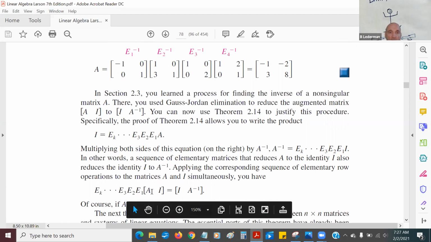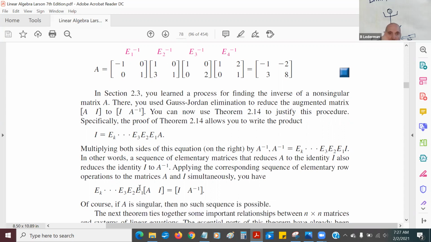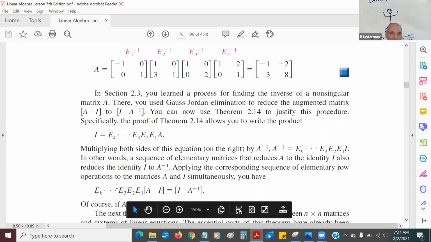get, here's A, here's I, multiplied by all these different things. It's almost like you're distributing. I'm multiplying by the A and then I'm multiplying by the I. When I multiply these matrices times A, I get the identity. When I multiply these matrices times I, I get A inverse, which is what we've established up here.